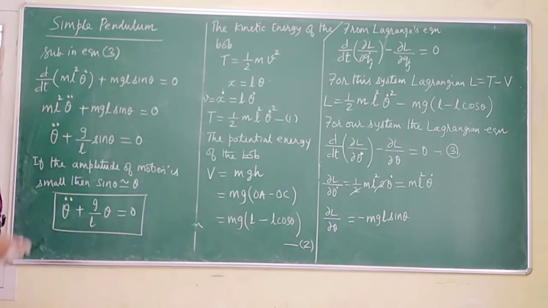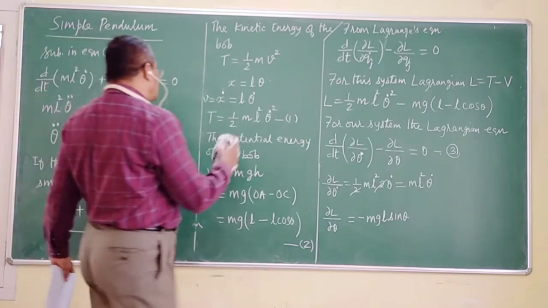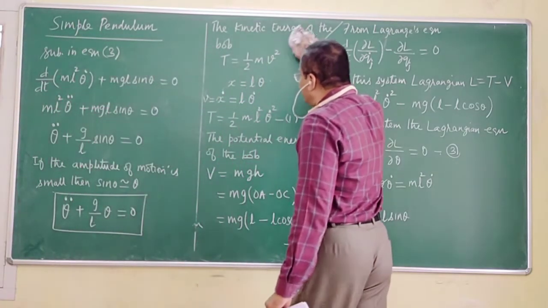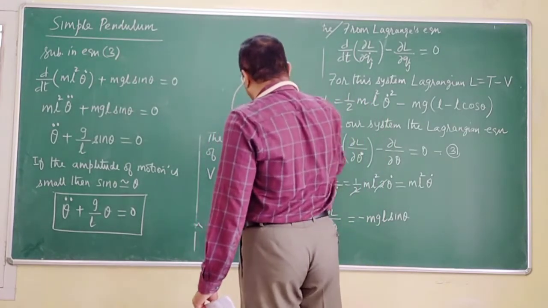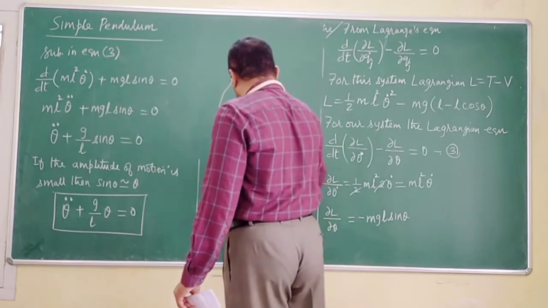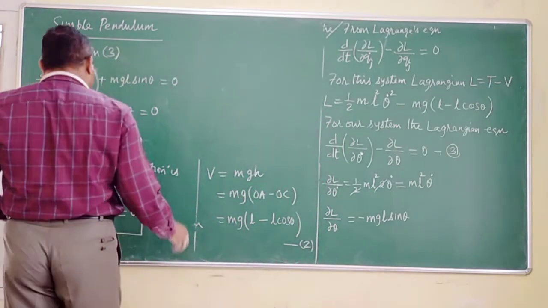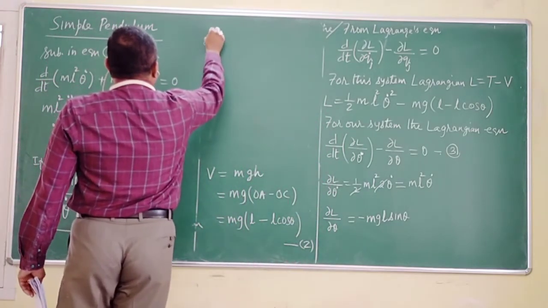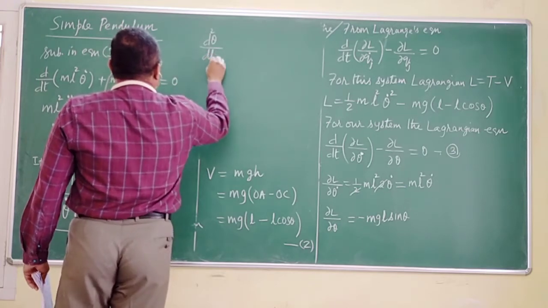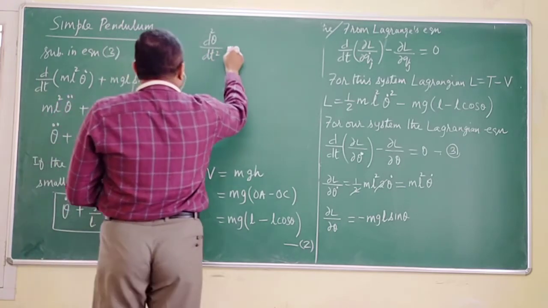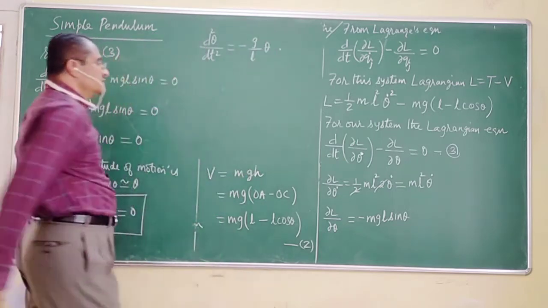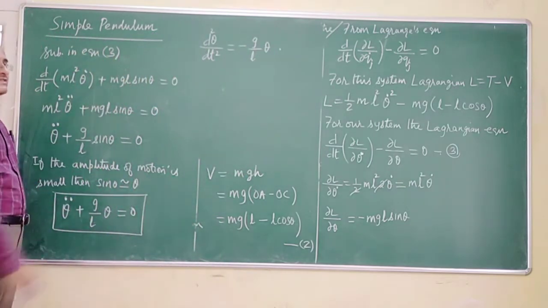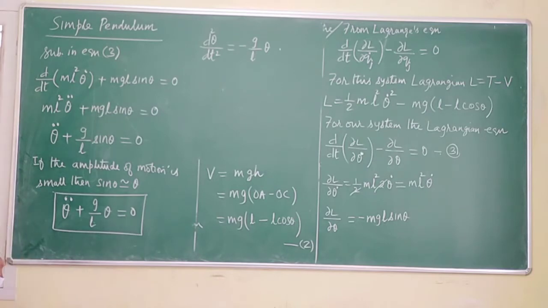If you are not able to recognize this, we go to the lower class where we have studied d squared θ by dt squared is equal to minus g by l into θ for a simple harmonic motion of a pendulum.